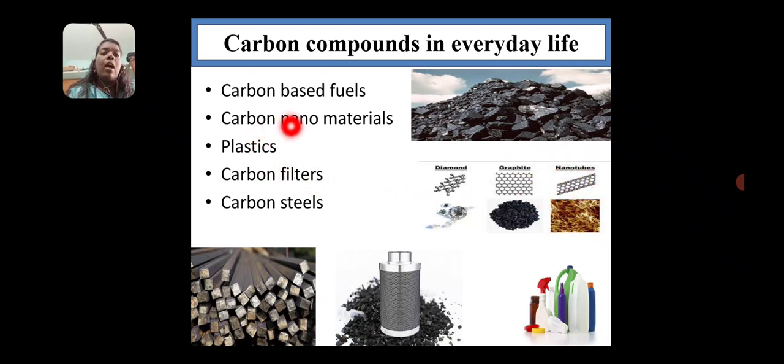Another application of carbon compounds in our daily life is plastic, which we already use and know its effects. Carbon is also used in carbon filters to filter water, and carbon steels are available in our day-to-day life.